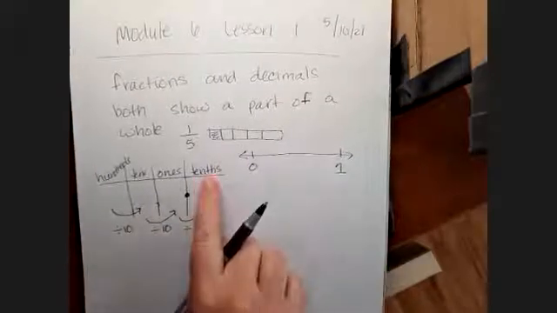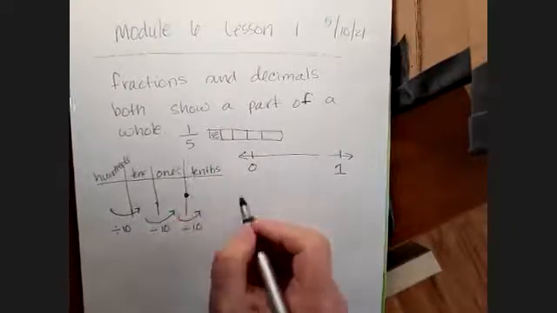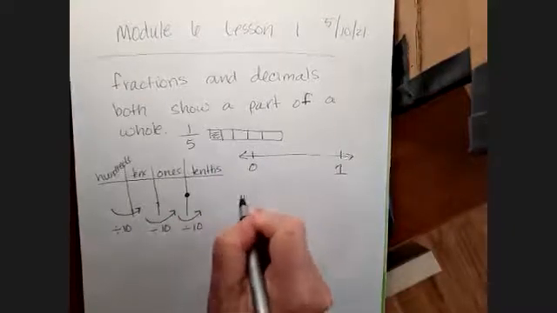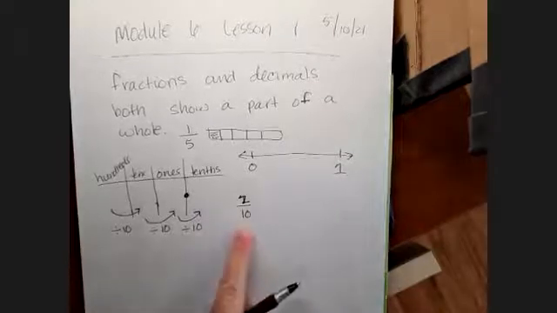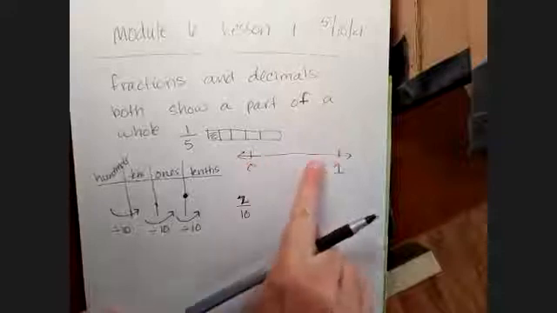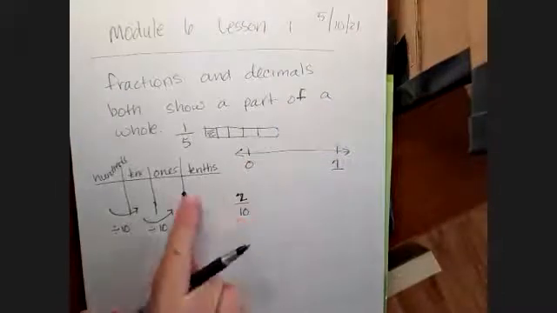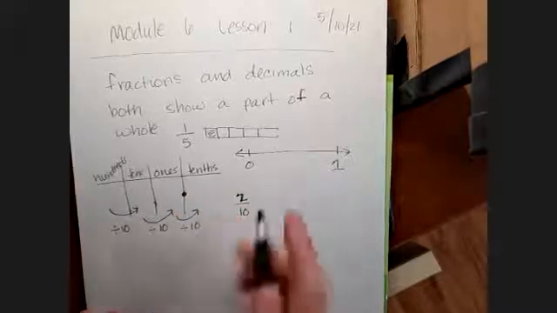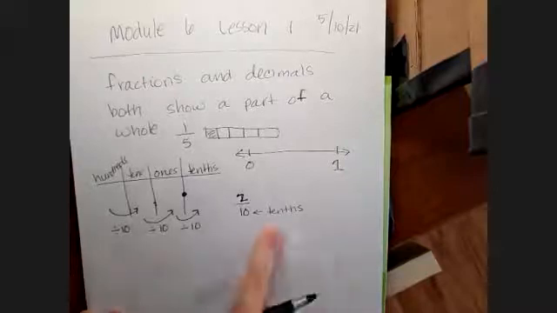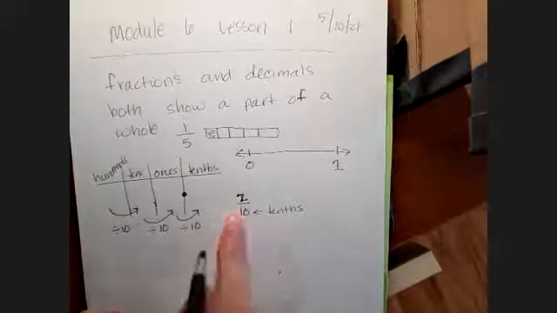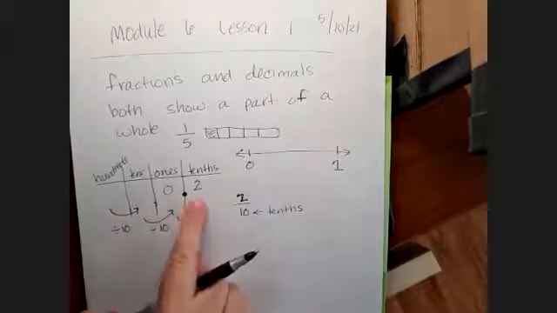So we have tenths. Let's say instead of a fifth, I actually have 2 tenths. Let's say I have the fraction 2 tenths. I can break my number line into 10 pieces, and I can also write 2 tenths as a decimal, because this is tenths. If I have 2 tenths, I could put my 2 right here. I don't have any ones, I have 2 tenths.